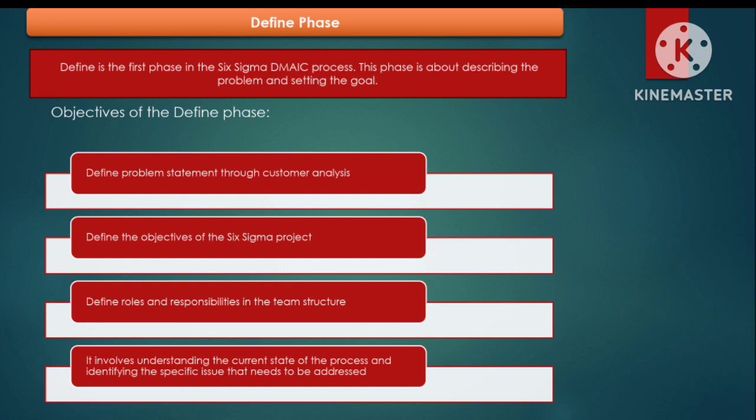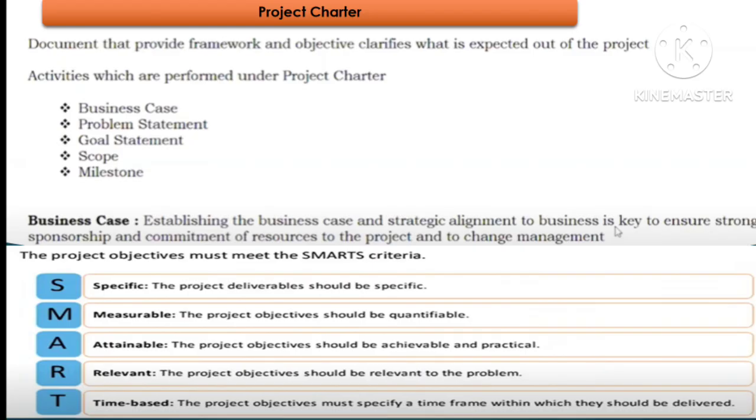Define is the first phase of DMAIC. In this phase, you need to come up with the problem statement, define the objective of the Six Sigma project, define the roles and responsibilities in the team structure, and very important, you come up with the project charter. In the project charter tool, you need to mention various details like the business case, problem statement, goal statement, scope, and milestones.